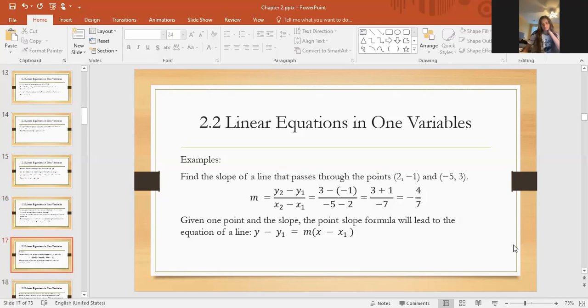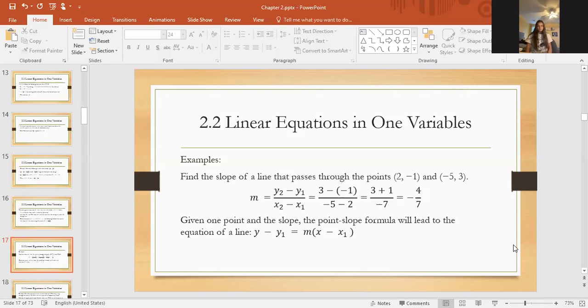For example, if we have 2 points, (2, negative 1) and (negative 5, 3), we may want to find the slope of the line that will pass through those 2 points. So we will take the difference of the y values, which is 3 minus negative 1, divided by the difference of the x values.